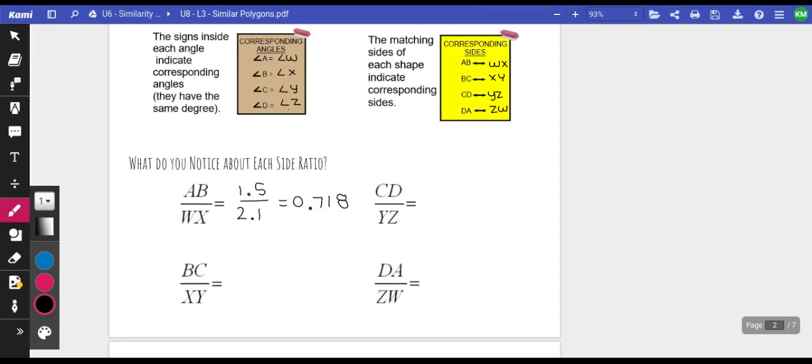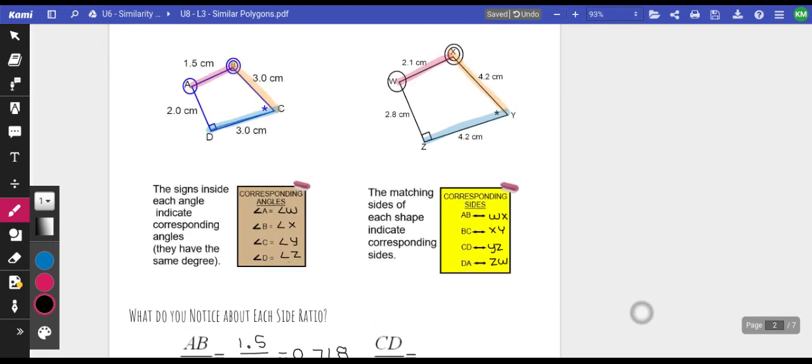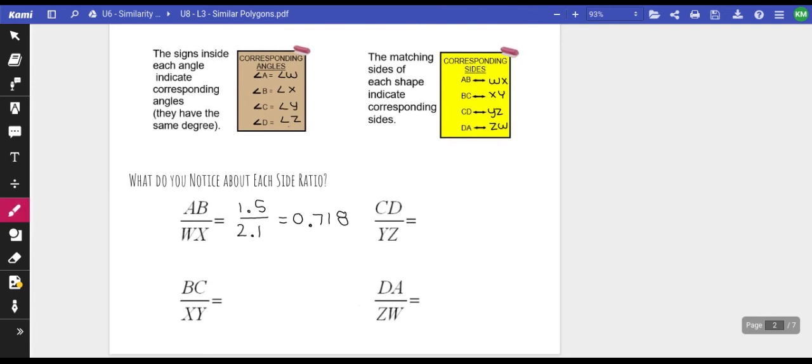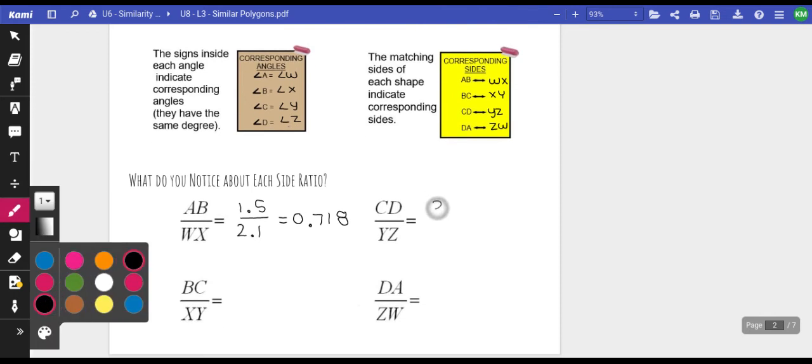All right, let's try it for CD and YZ. So CD is 3.0 over 4.2. What is 3.0 over 4.2 going to be? It's the exact same.